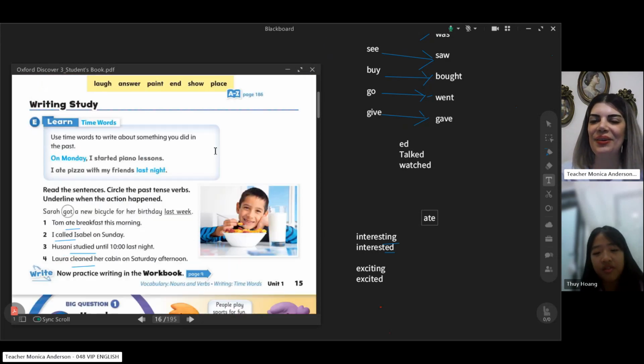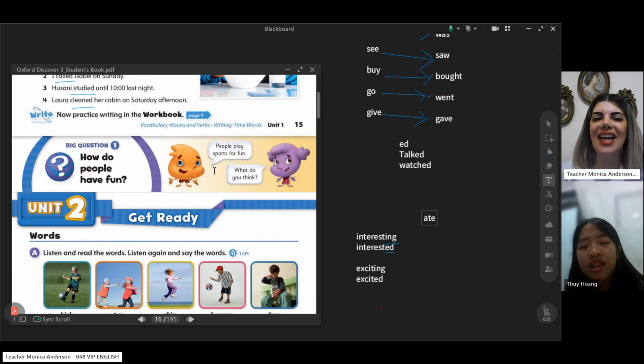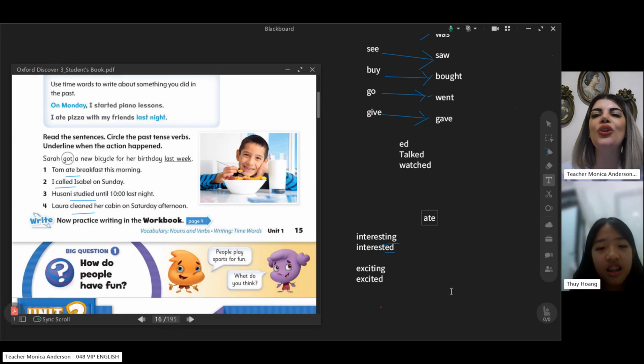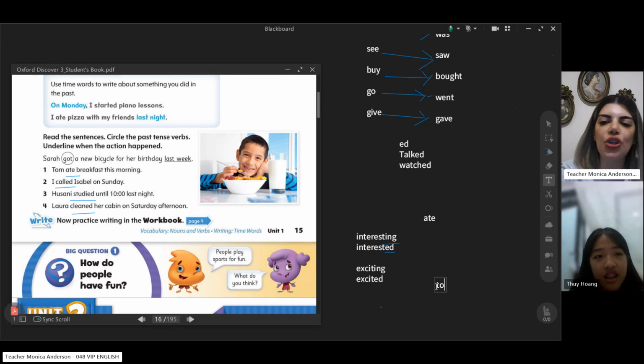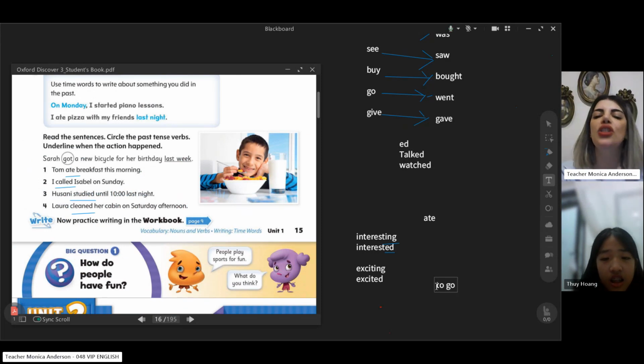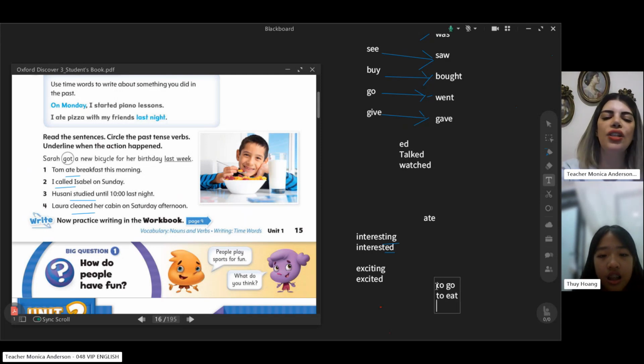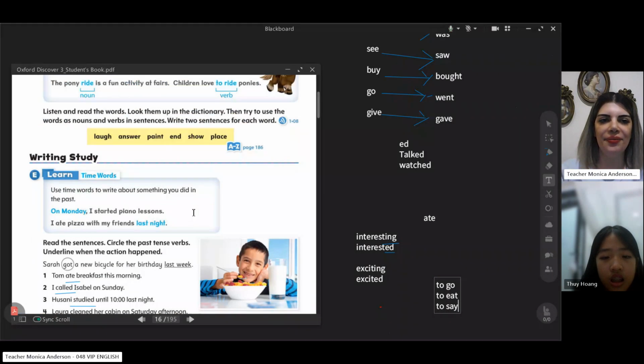Yeah, you took a taxi to go. But when you say to, after to, you need to use the base form: to go, to eat, to say, to see. So when we have to, we don't need to say to went. We say to go, okay?